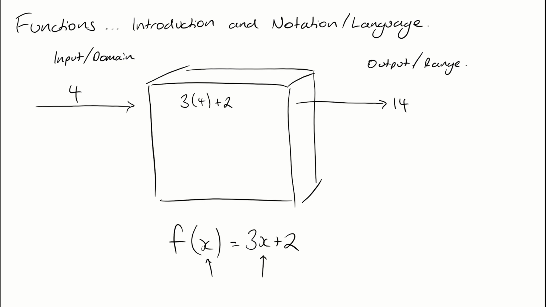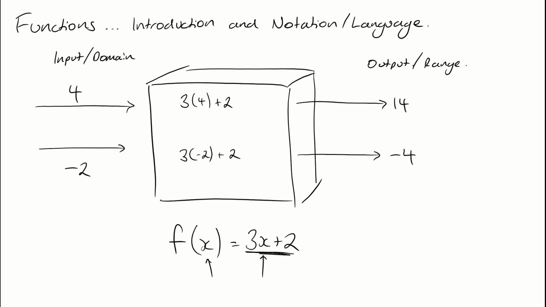So once again, if I put the number -2 into Francis's machine, then Francis's machine, denoted by this equation here, takes that number, -2, multiplies it by 3 and adds 2 to it. So I end up with -6 plus 2, so I get -4 as an output. How do we write this?